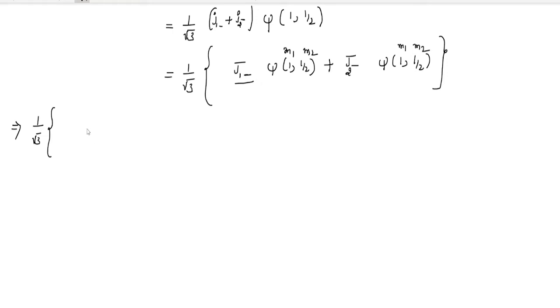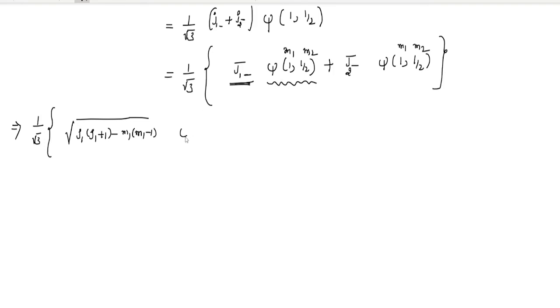So after applying this j1 minus on this energy state, we get the root of j1 plus minus m1 into m1 minus 1. So if m1 minus 1, that is equal to 0.